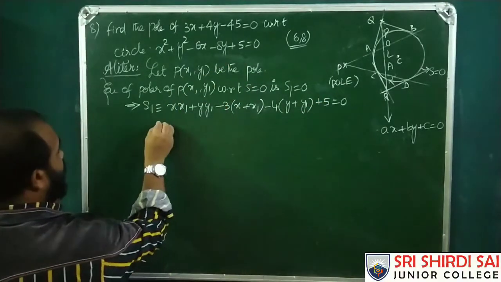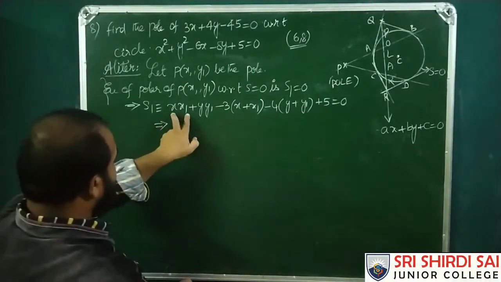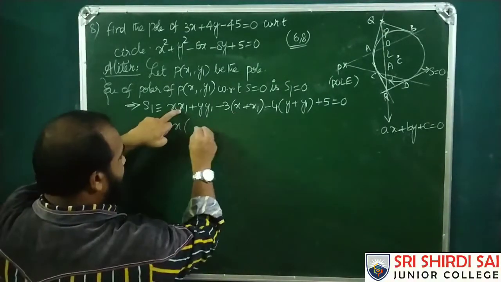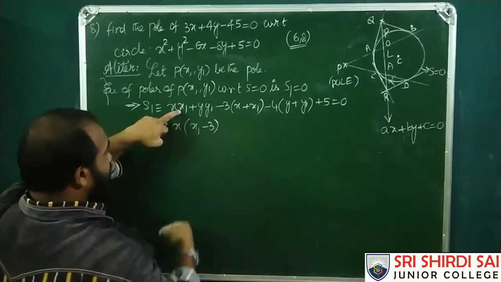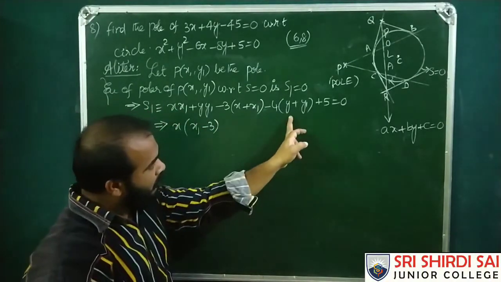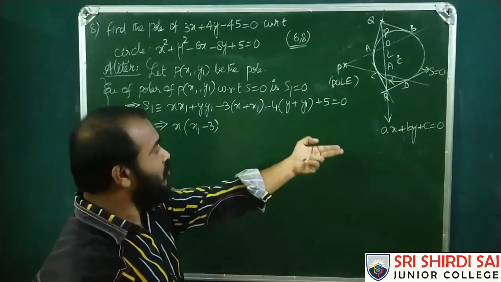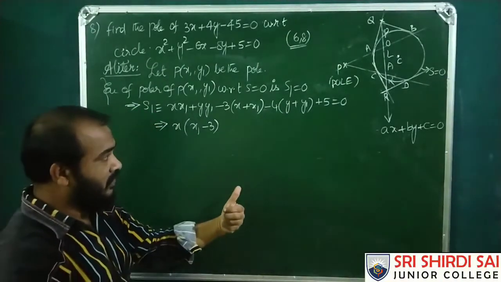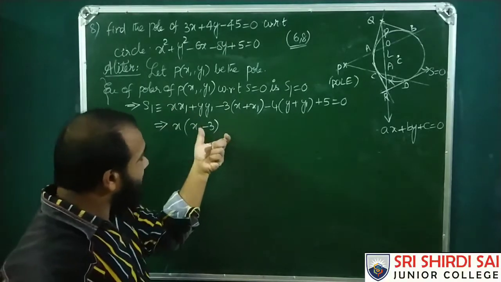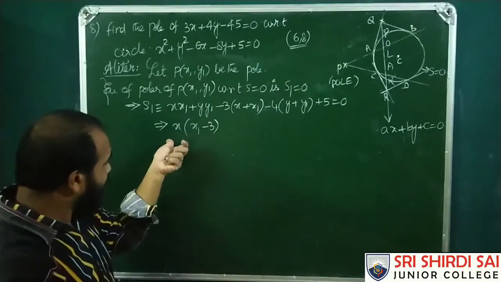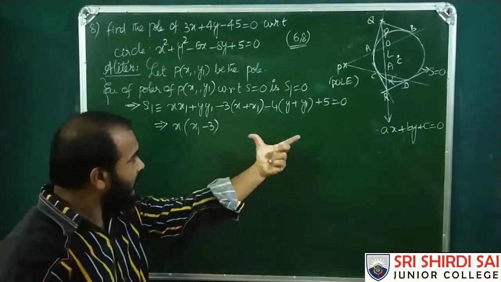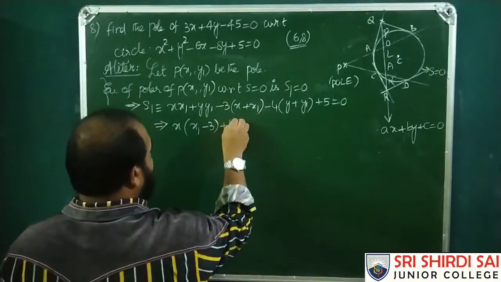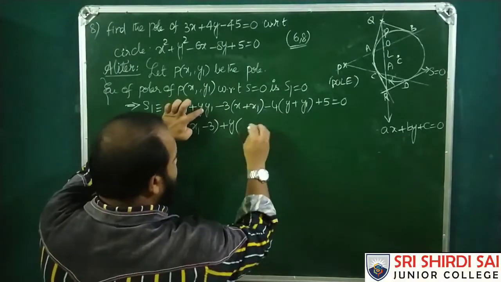So this implies, if you take x as common, (x1 minus 3)x. Since this polar represents a straight line, the straight line is of the form ax + by + c = 0, a first degree equation with x, y and a constant. So x, next y, and then the constant. So (y1 minus 4)y.